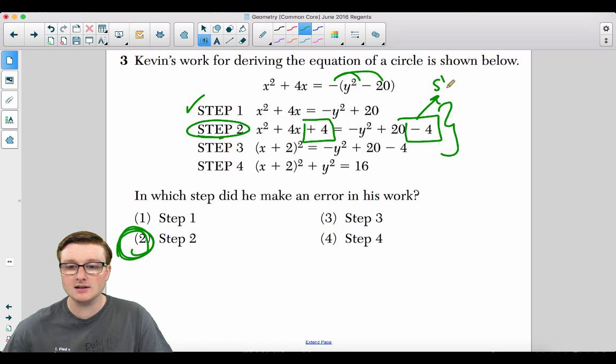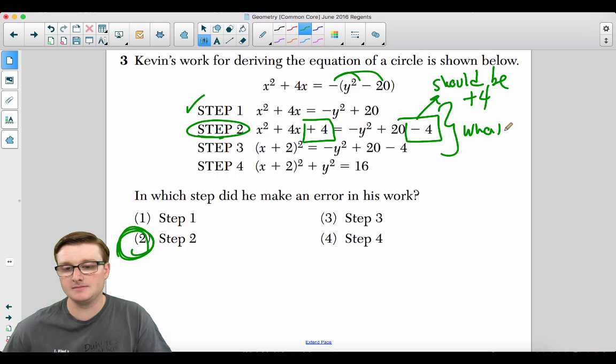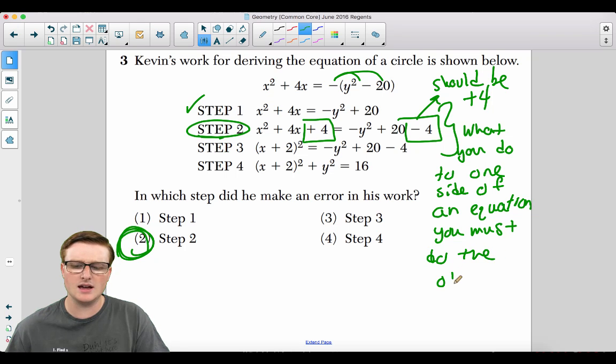This should be positive 4 because, again, according to the golden rule of algebra, what you do to one side of an equation, you must do to the other. So that was kind of an Algebra 1 question, so that should have been fairly simple.